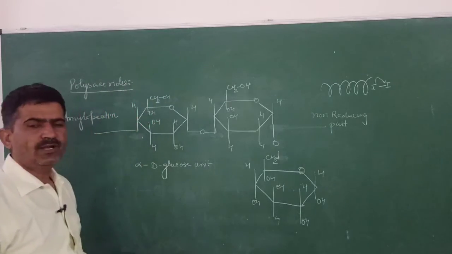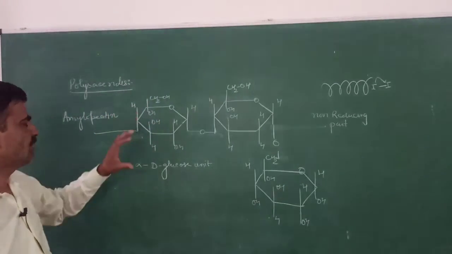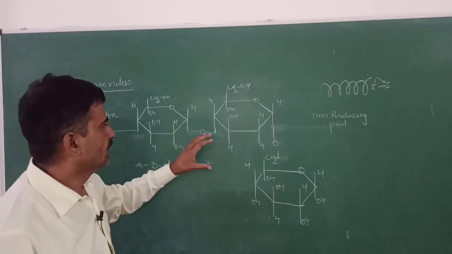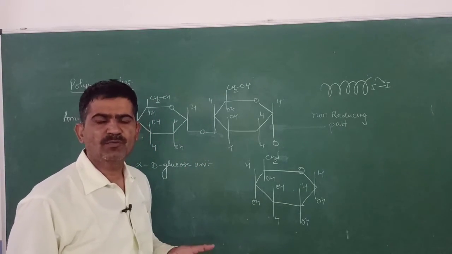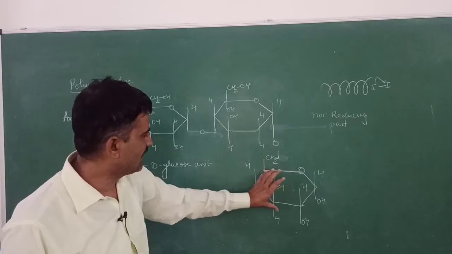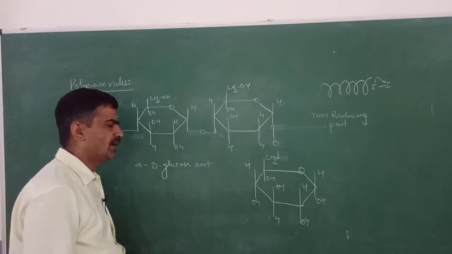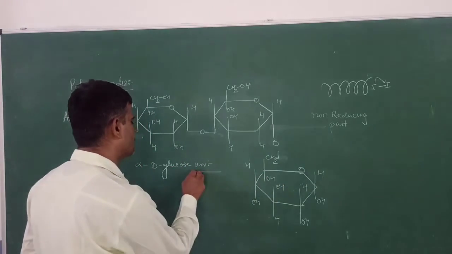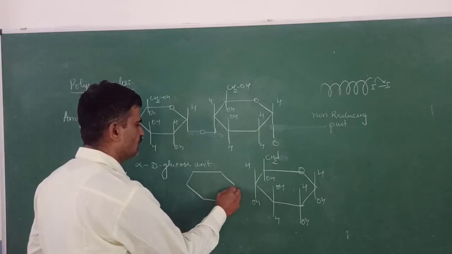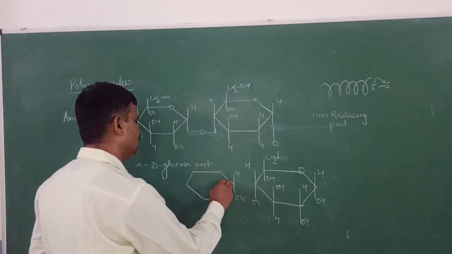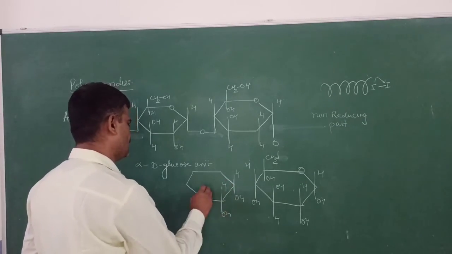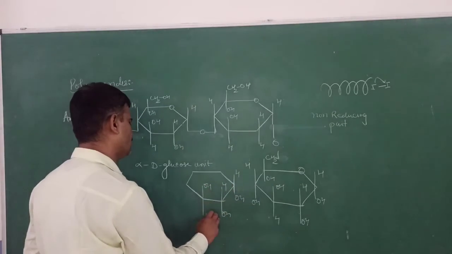There is one difference between amylose and amylopectin: in amylose there is only C1-C4 linkage, but in amylopectin there is also a branch chain of alpha D glucose units, and this is also the non-reducing part.